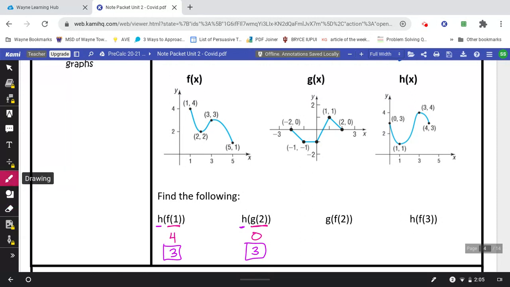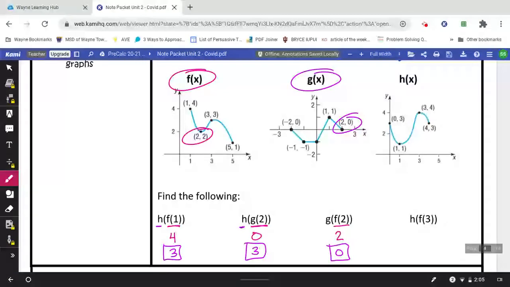Next problem. F of 2. See if you can try this one. I'll give you just a moment. That one should get you an answer of 0. So f of 2 here got you 2, and then 2 linked you to 0.